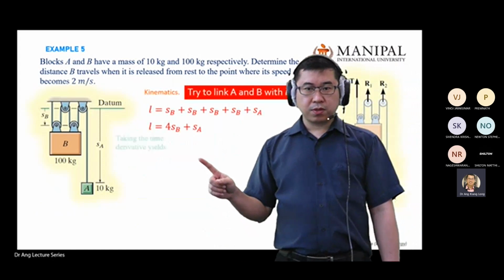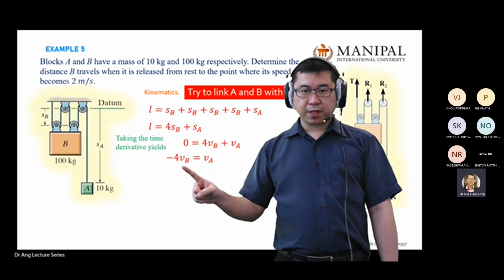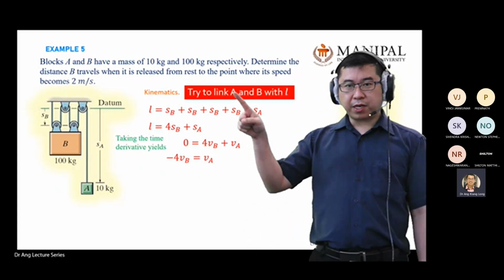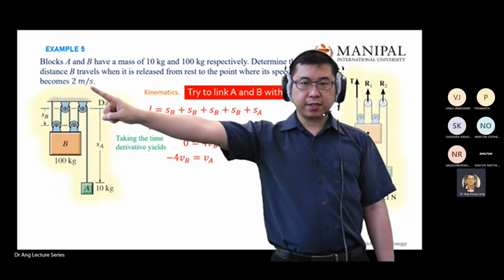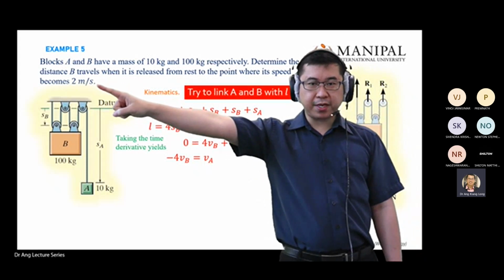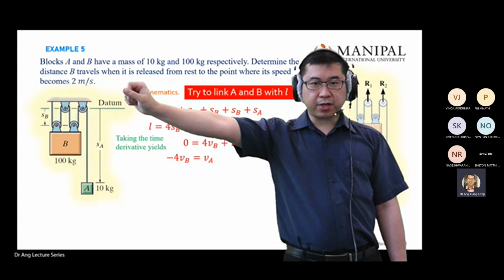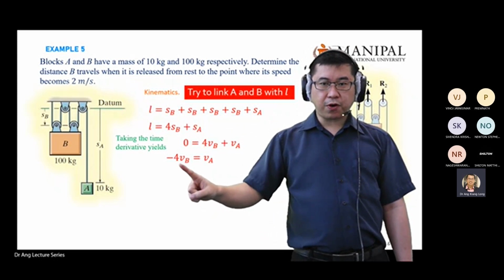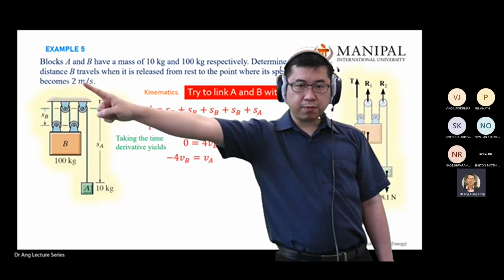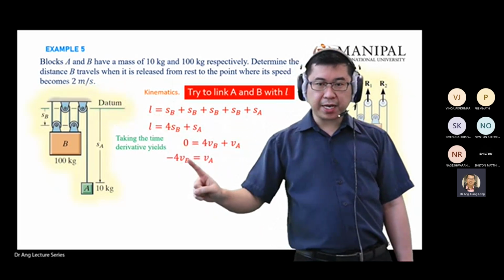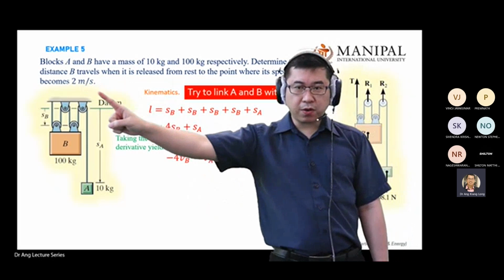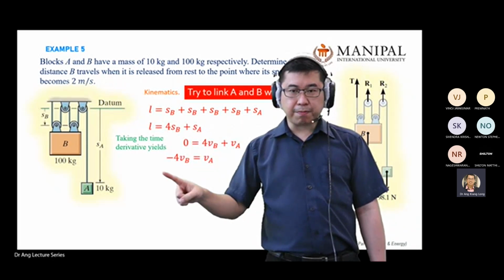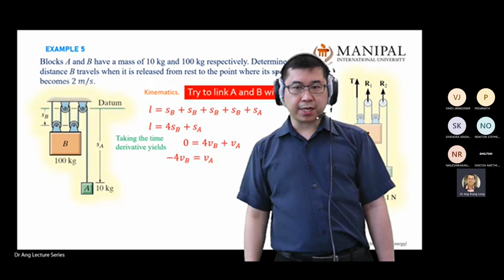So this equation: minus 4VB equals VA. You know the velocity of B at that particular point. So you substitute here 4 times, when VB equals 2, you have minus 8. So when the velocity of B reaches 2 meters per second, VA is minus 8 meters per second.